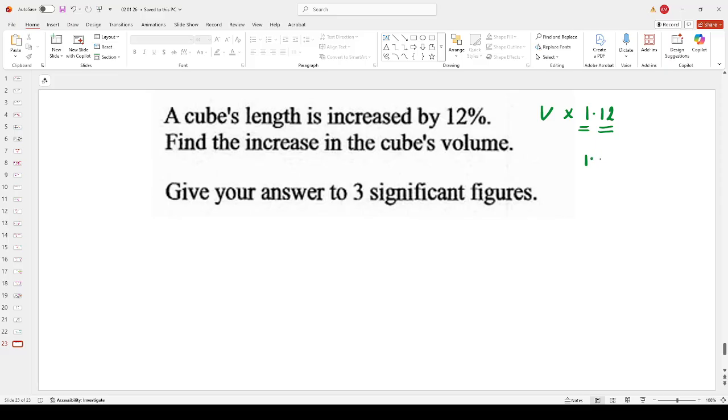So 1.12 equals the length cube rooted. So cubed, what's the length then? Pretty much, yeah, Josh, that's exactly what you do.